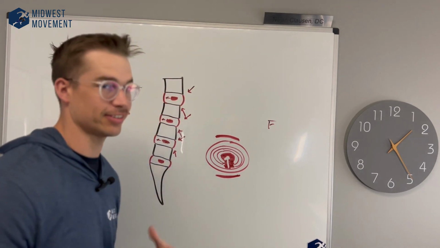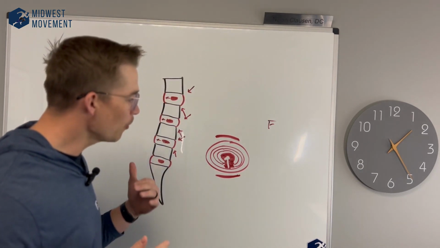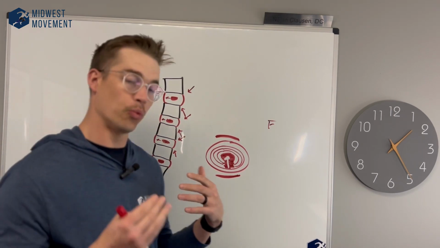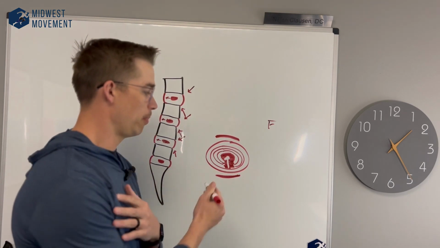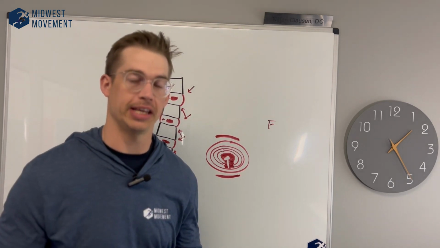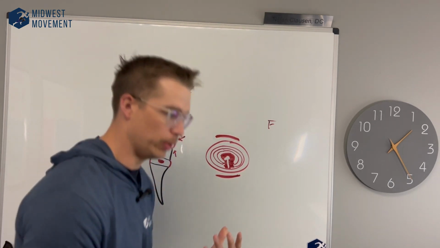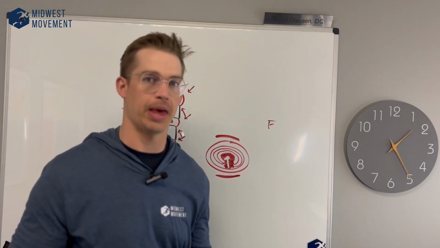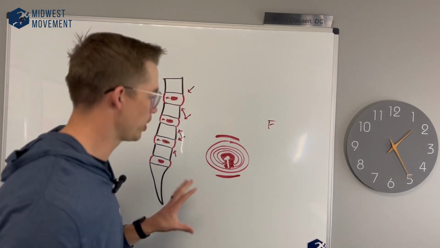It seems like rocket science, right? But what we make sure we do is that we reload this multiple times throughout a day to counteract how much we bend forward, or counteract the movement that is causing some of that pain. So this is what we call the disc model.